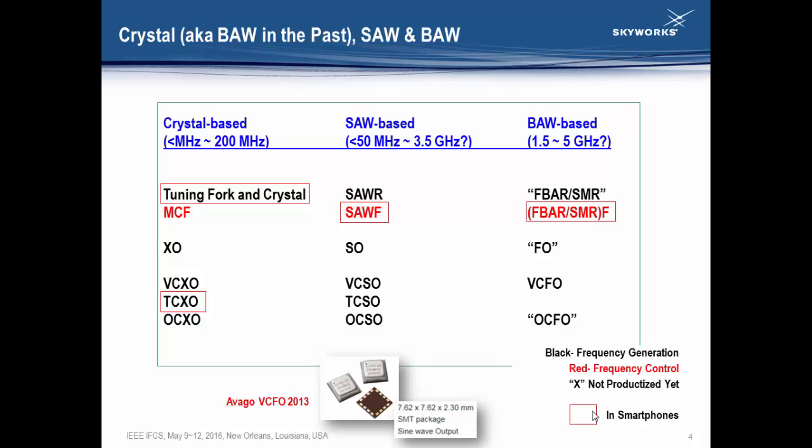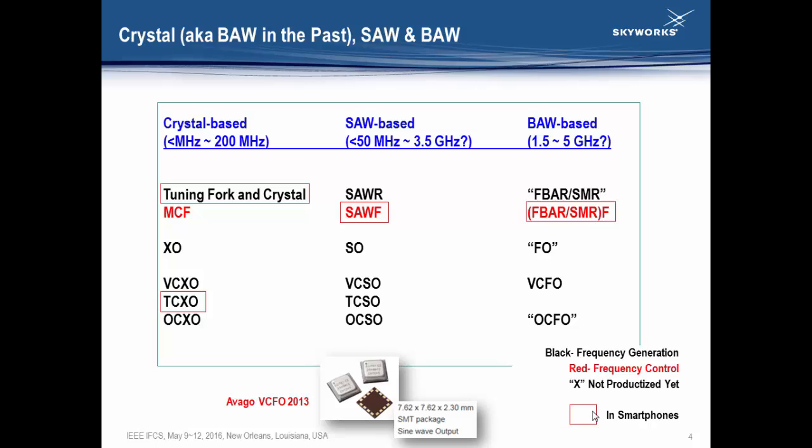And the ones with the red box, okay, those are the devices you usually find in smartphones nowadays. So you can see tuning fork crystals and some SAW filters and some FBAR and SMR filters also inside. And you can also see TCXO in some of the cell phones also. So these are pretty much the crystal or SAW components inside smartphones nowadays.